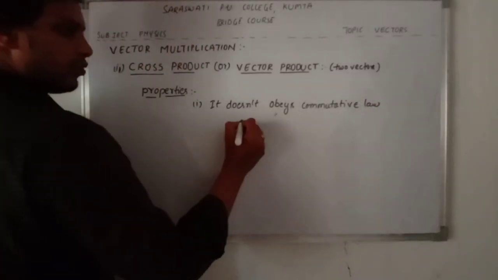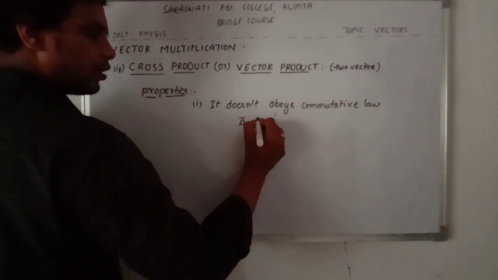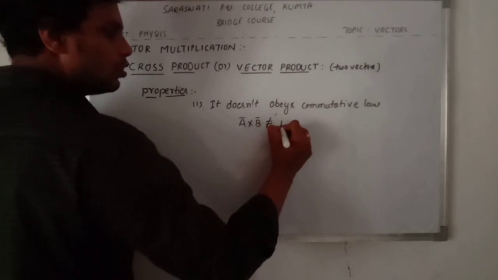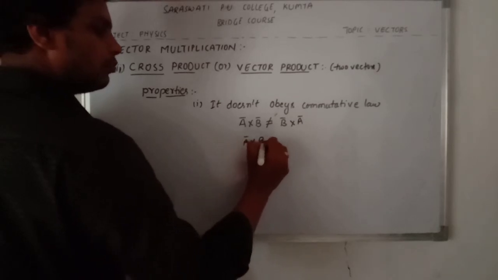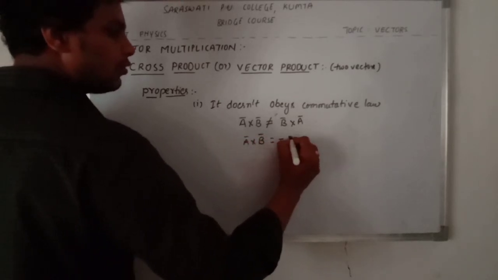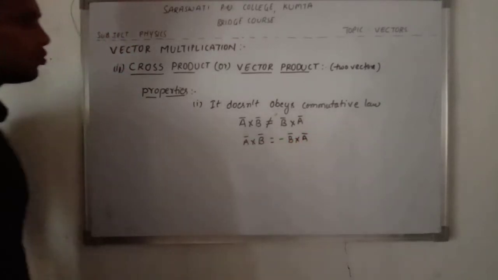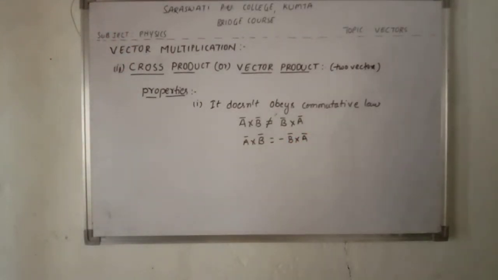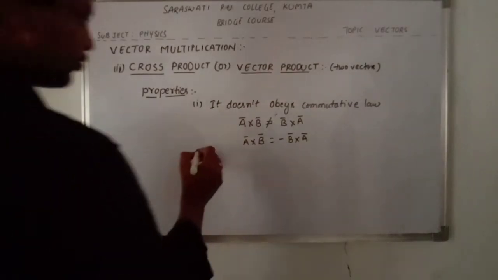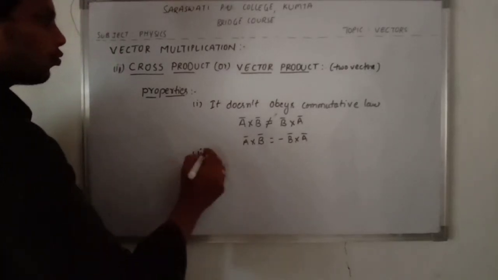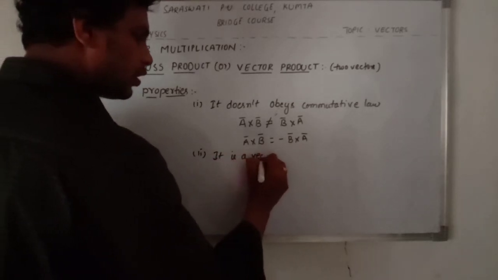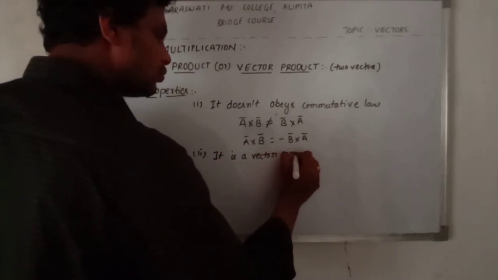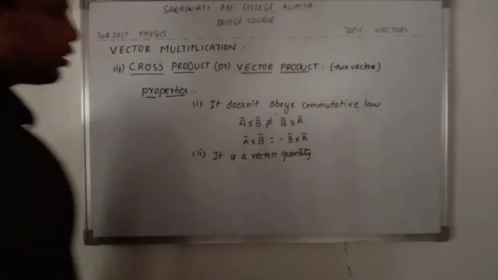So what does that mean? a bar cross b bar is not equal to b bar cross a bar, but a bar cross b bar is equal to minus b bar cross a bar. So it doesn't obey the commutative law. As it is the vector product, it always gives a vector. Clear? Therefore, vector product is a vector quantity.